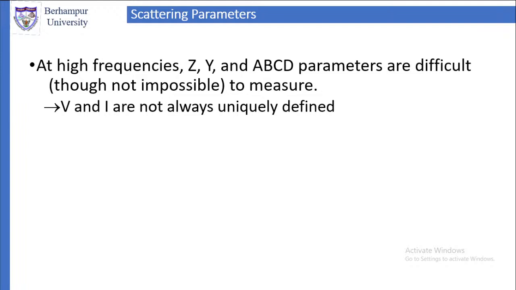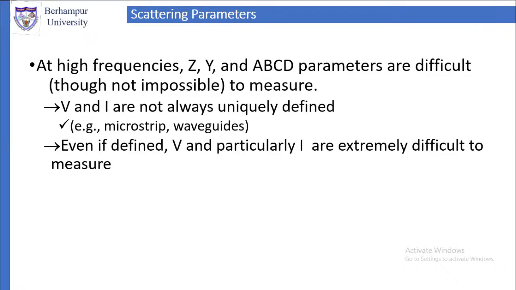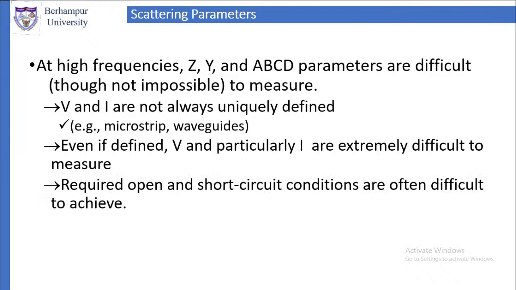Okay, this we discussed. Voltage and currents are not uniquely defined at high frequency. Even if we find V, I in particular is extremely difficult to measure. Measurement requires open and short circuit conditions.